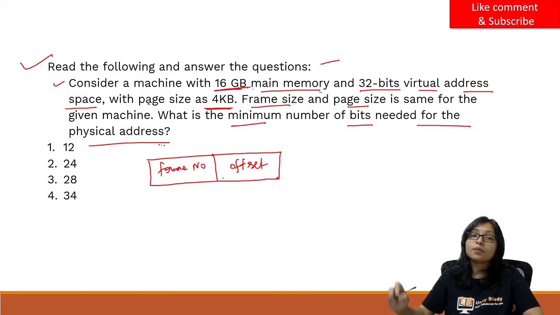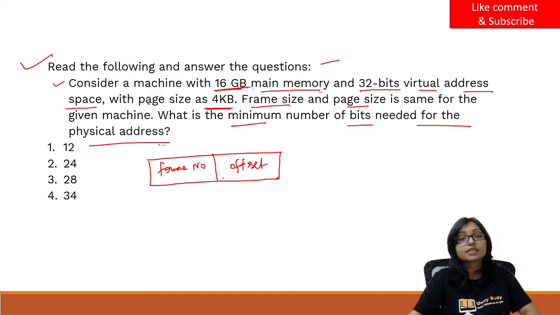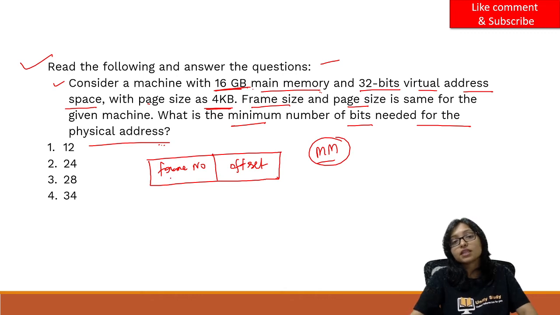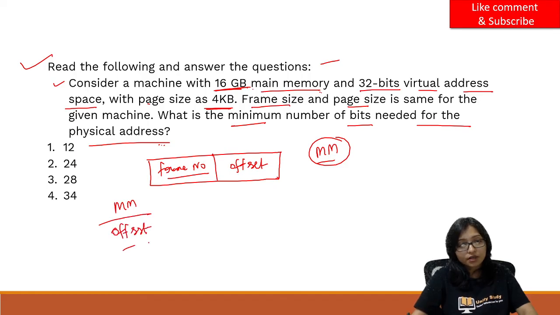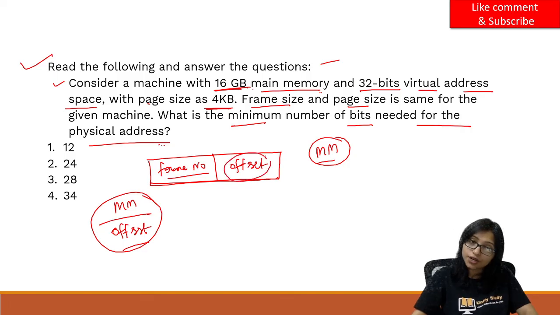And frame number plus offset together means you can go directly from the main memory. Because when I calculate the number of frames, I do main memory divided by offset, right? So when I calculate the total, the offset is already included.